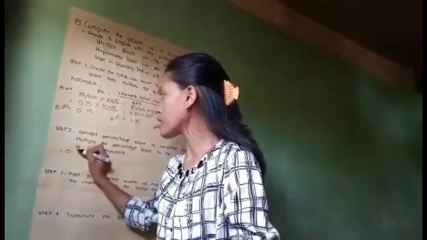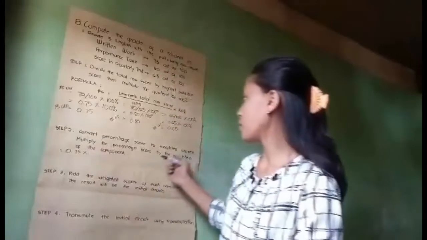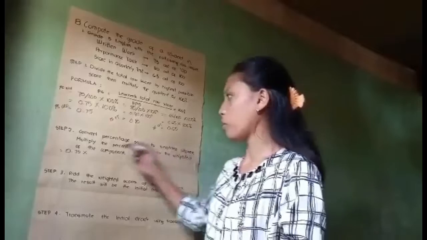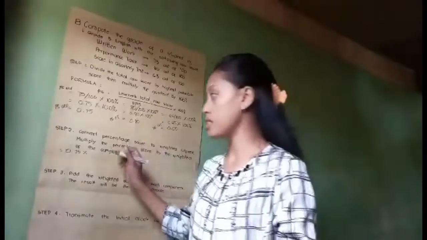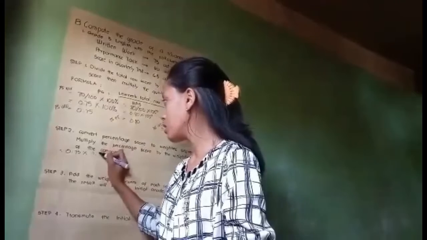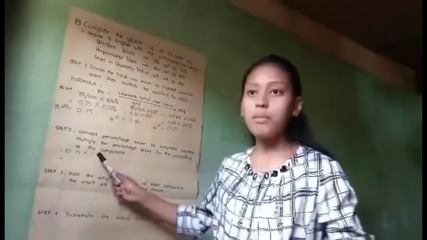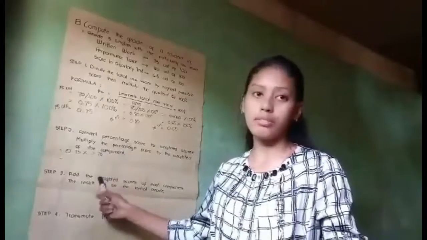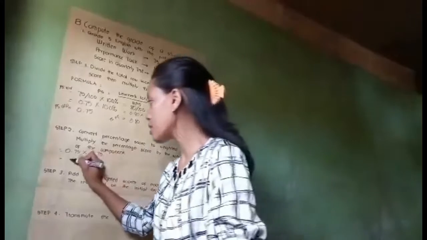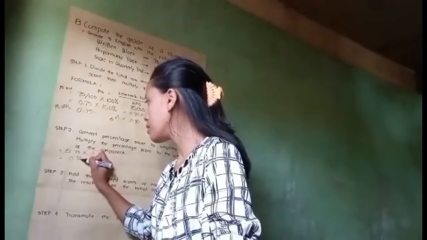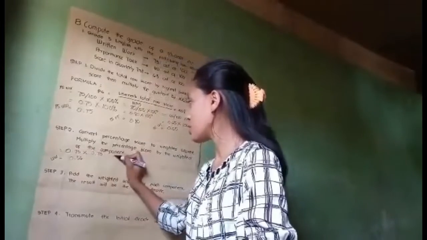Our percentage score is 0.75 times the weight of the component, which is also 0.75. So 0.75 times 0.75, the answer is 0.56. This is our written work answer.